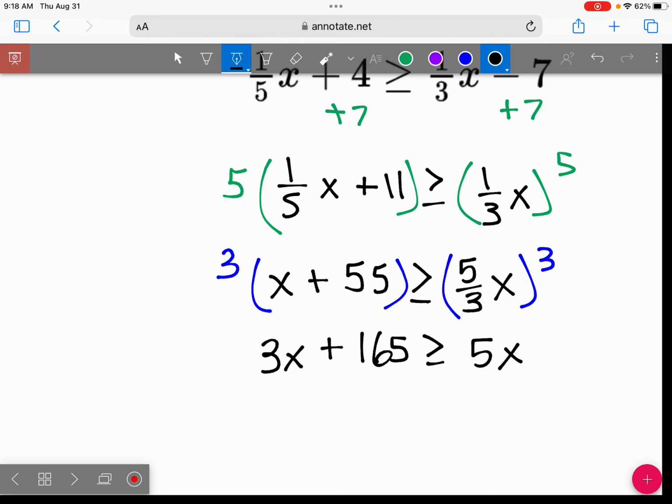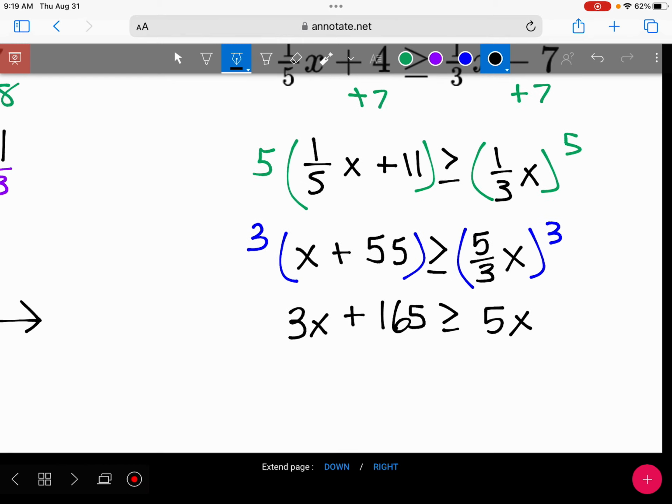Gives you smaller numbers, but I'm just following y'all's lead. Now what? Subtract 3x. 165 is greater than or equal to 2x. Divide by 2. 165 over 2 is greater than or equal to x.